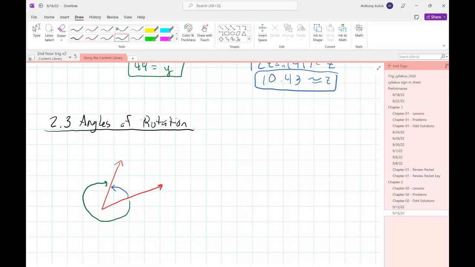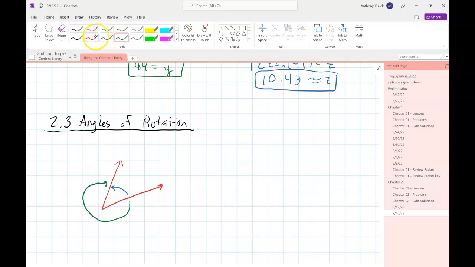Well, 2.3 is here. That still seems like something we might want to do. Everybody agree? So we're going to find a new way to describe an angle, or not to measure, but to describe the measures of angles.